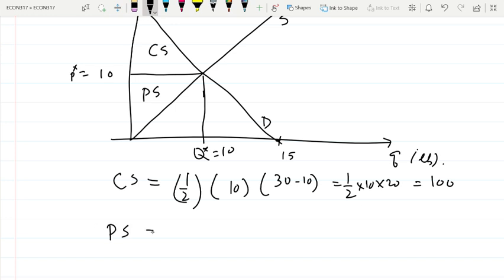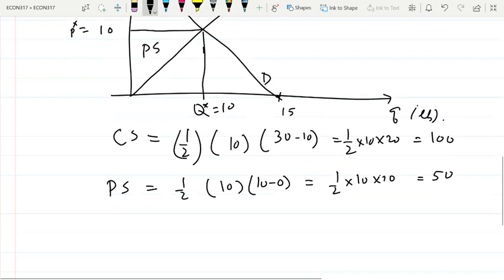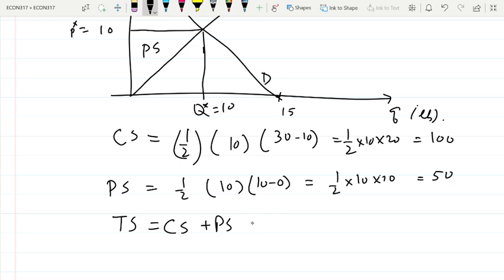Producer surplus, same formula: 1/2 times base, which is 10, times height, 10 minus 0, which is 10. So 1/2 times 10 times 10 turns out to be 50. The sum of the two is known as the total surplus: consumer surplus plus producer surplus is 100 plus 50, which is 150.